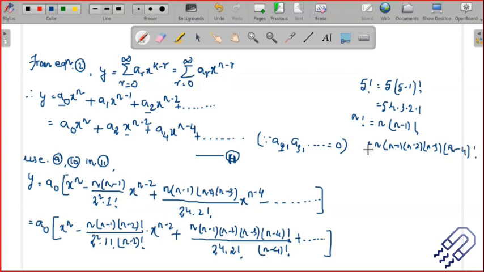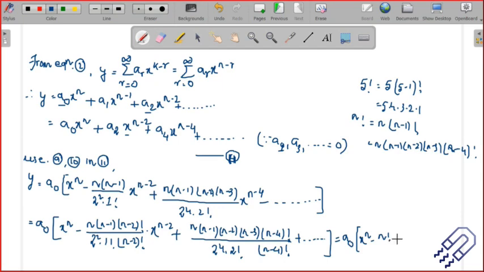So that means this term, which is nothing but n factorial, is also actually n factorial, right? That's quite obvious. So maybe we can just write it down accordingly. Let me see if I can squeeze in some space here. This is a naught, this is x to the power n, minus, now this is n factorial, that's done.